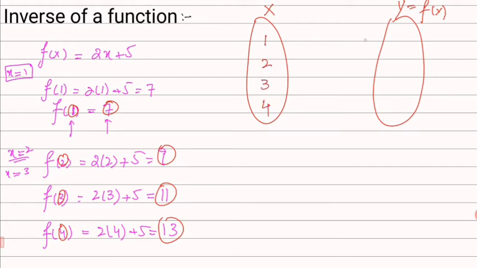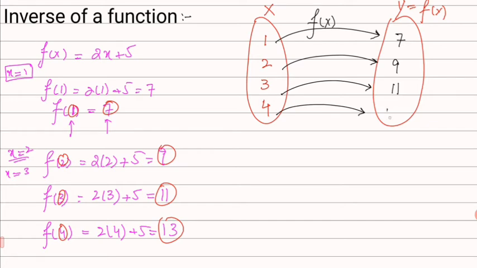Against each one, the function is processing it and giving us the result: at 1 we have 7, at 2 we had 9, at 3 we had 11, at 4 we had 13.